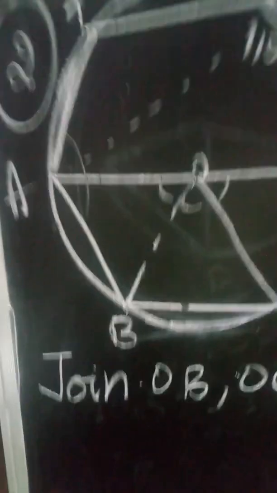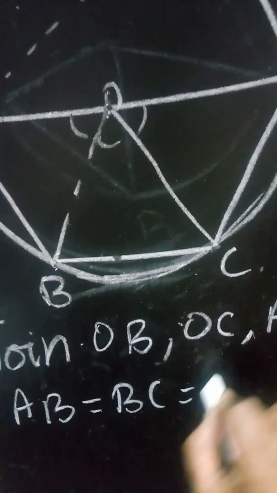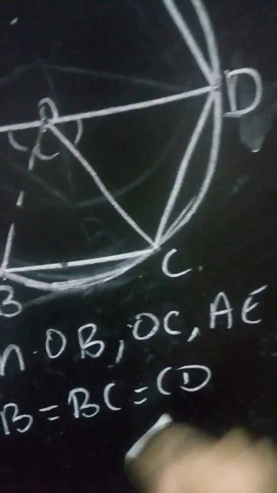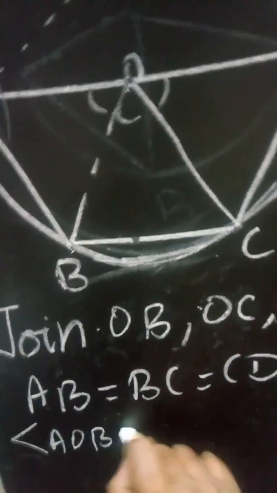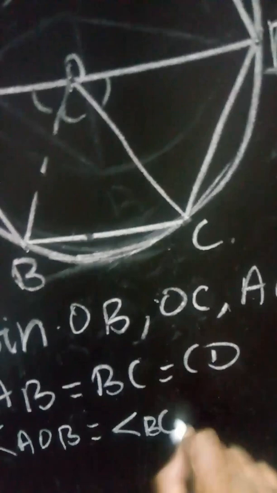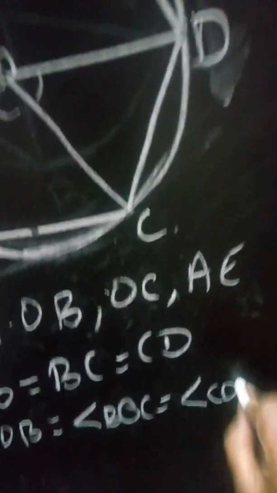Now see here, AB is equal to BC is equal to CD. So equal chords subtend equal angles. So angle AOB is equal to angle BOC is equal to angle COD.